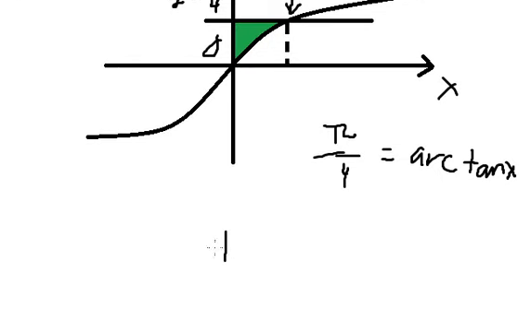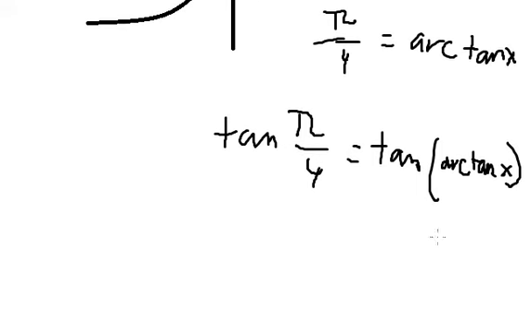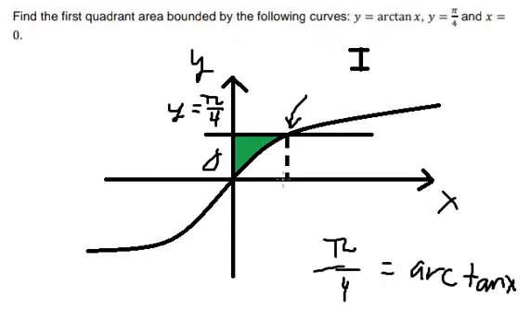We take tan on both sides, and this one you get x equals tan of π/4, which is 1. So this intersection here is about 1.